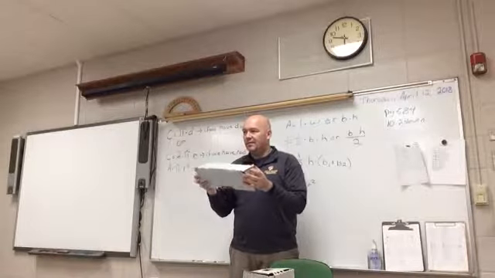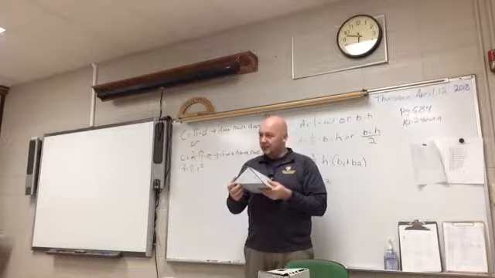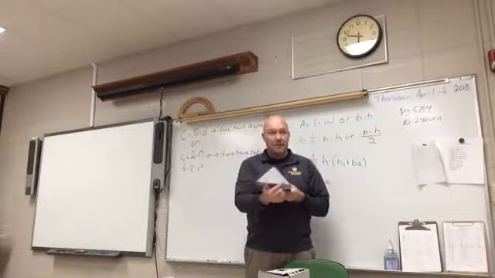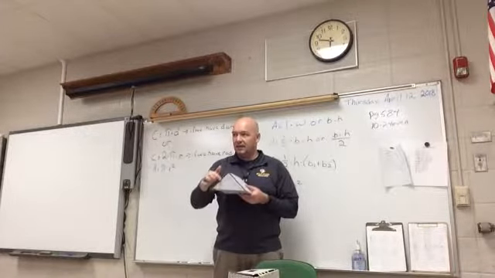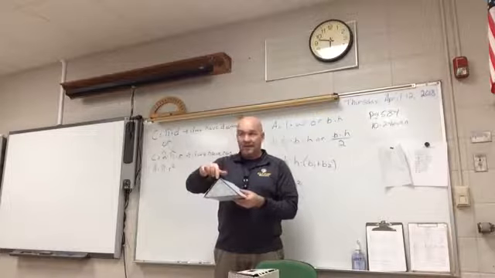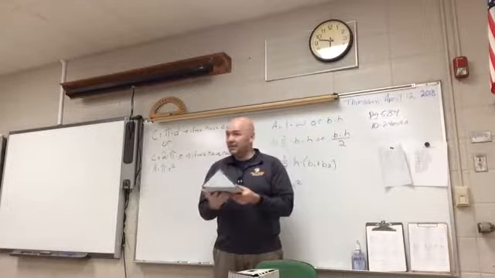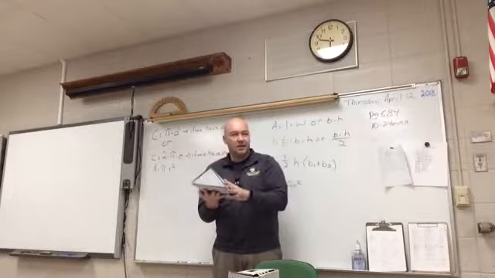Now, when you look at a triangle, it's different than a rectangle, right? This length right here is not necessarily the same as this length here, is it? And it's not necessarily the same as this length here. So each one of these faces may be different areas.